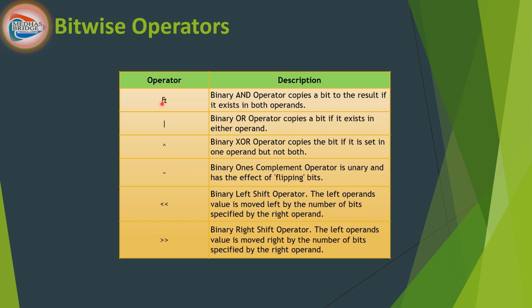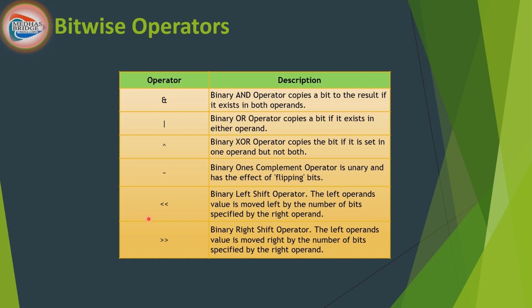Okay, let me get you through. So what do we have in bitwise operations? We have bitwise AND, bitwise OR, bitwise XOR, complement, left shift and right shift. Basically this operates on each bit.